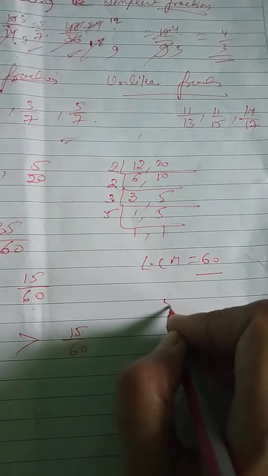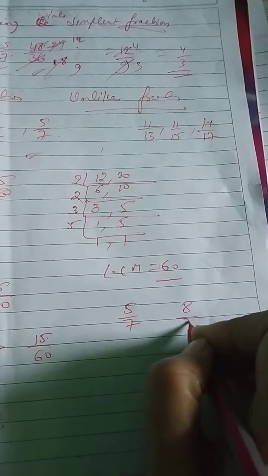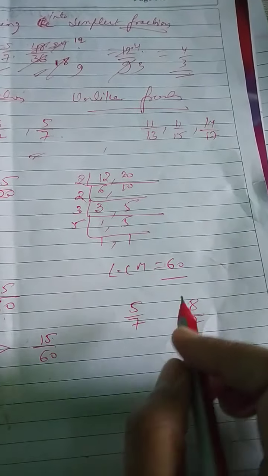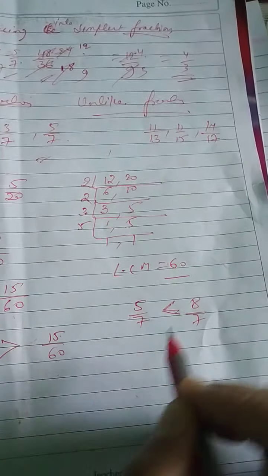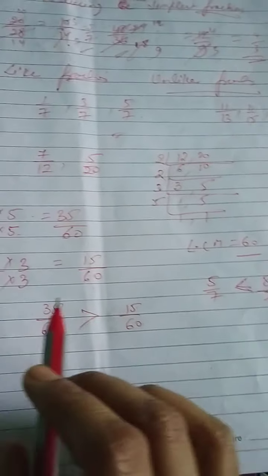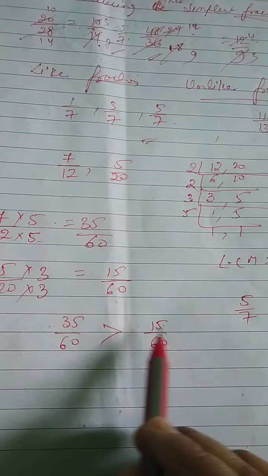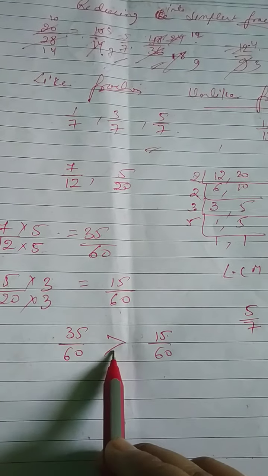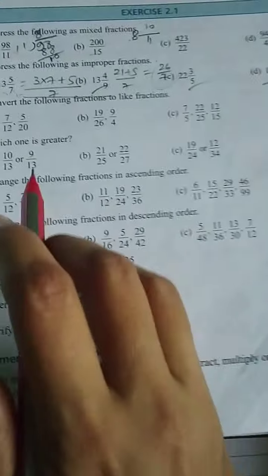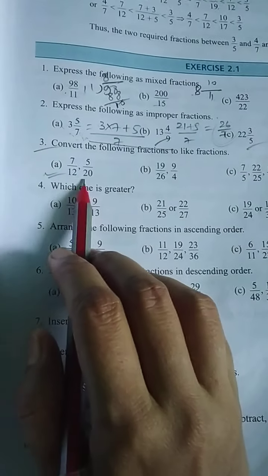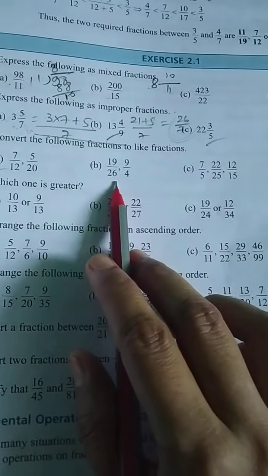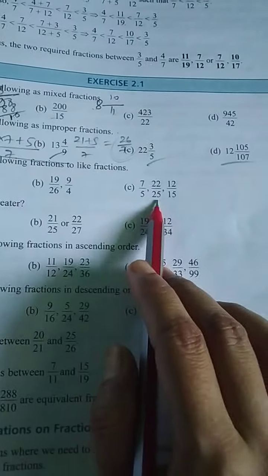Okay. Any numbers, if you have to compare, like 5 by 7 and 8 by 7, if the denominators are same, then the one with the bigger numerator will be the greater fraction. Okay. So we have first made the denominators same. After that we will compare which one is greater. Similarly, in question number 3, you have to make the denominators same and make them like fractions.